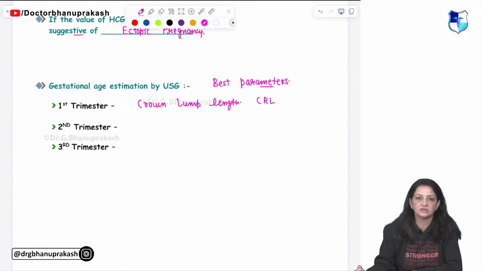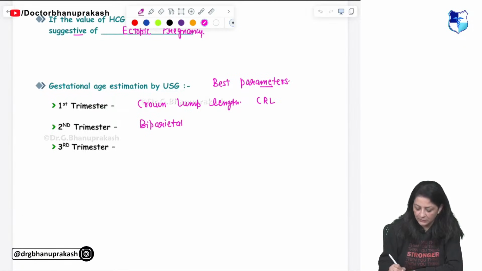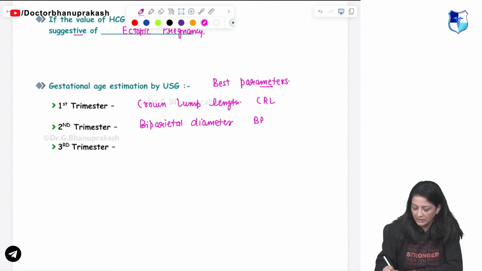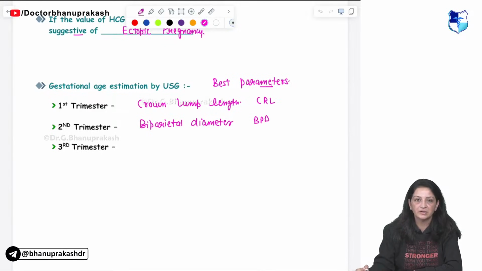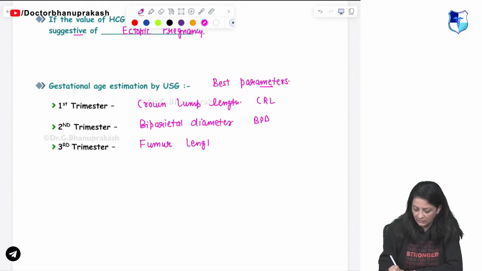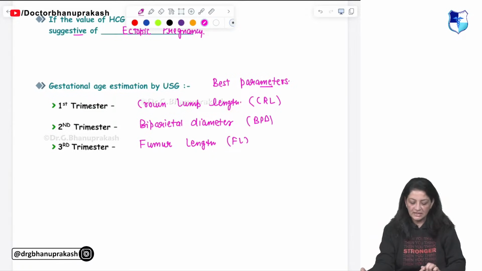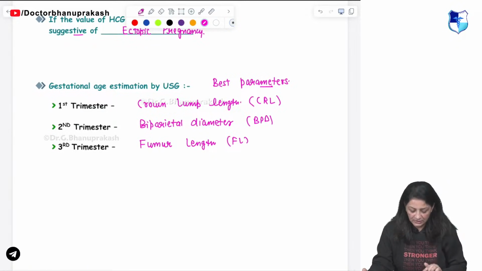In the second trimester, biparietal diameter of the fetal skull, BPD. And in the third trimester, femur length. First trimester, CRL; second trimester, biparietal diameter; and third trimester, femur length.